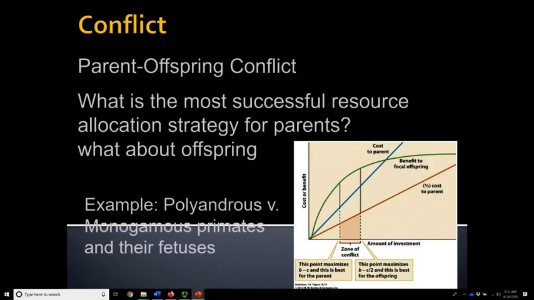Whereas in a monogamous system, you only have a single mate and you don't have as much support. And in fact, if we do this experimentally, this bears out. Polyandrous primates, on average, have larger babies than monogamous primates. And so that's been selected for because of the mating system. So we can see how these complex interactions might have a different outcome on one species versus another.